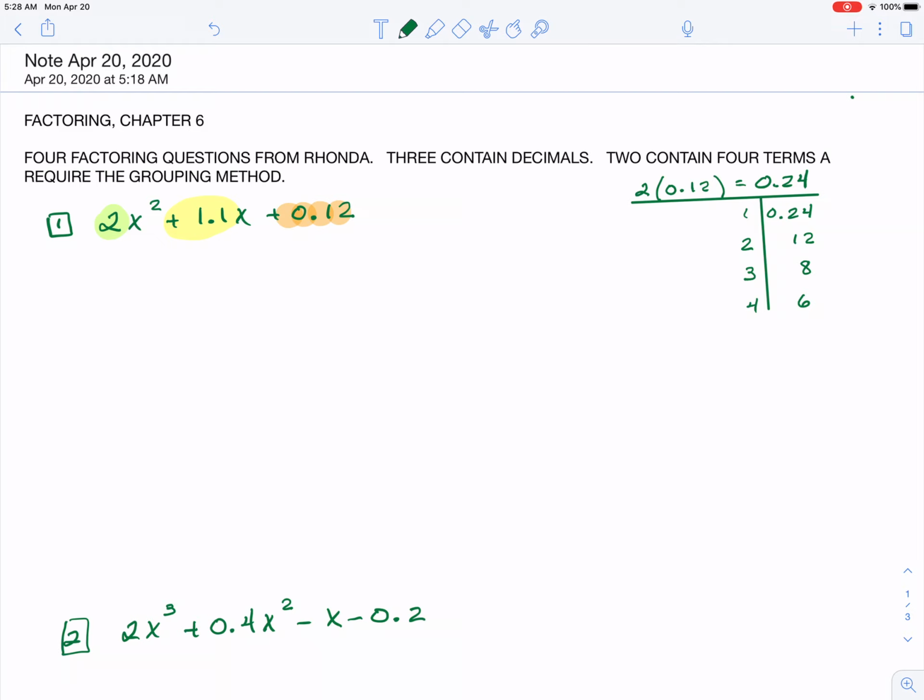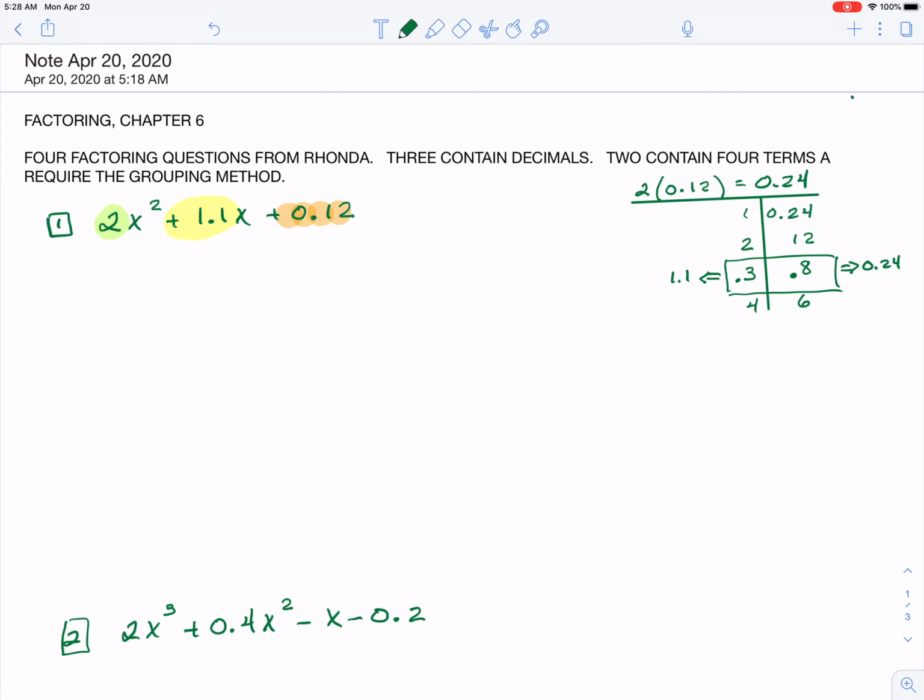As I look on through here, I'm real interested in this 3 and 8 combination. So the question becomes, can I position the decimal so that when I multiply them I get 0.24, and when I add them, I get 1.1? I'm thinking that if I put the decimal in front of each of those, let me double check that, 0.3 times 0.8 would give me a 2 decimal place 0.24.